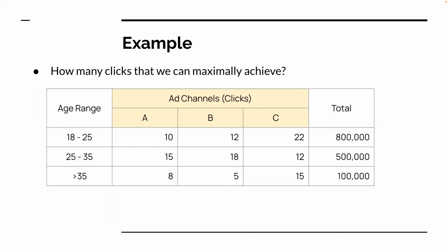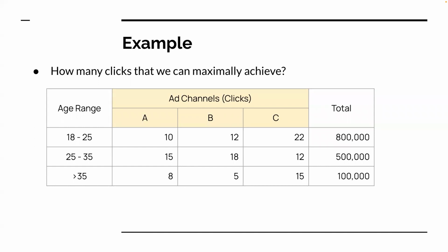If you look at this table, the rows are the age ranges. For example, the cell corresponding to column A and the age range 18 to 25 says 10. It says that for generating clicks on this channel, I need 10 impressions from the 18 to 25 range.